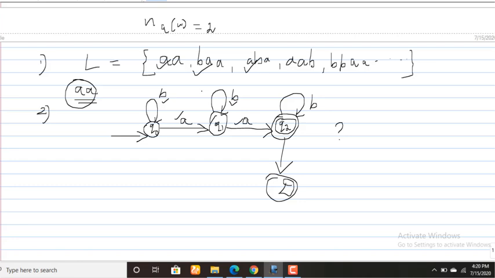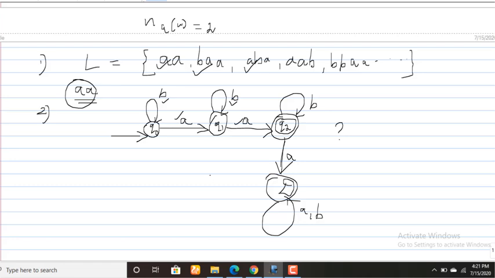If any A comes after the count 2, definitely that A goes to the trapped state. Okay, that is the dead state. So I already told you this is the professional way of adding the dead state to your construction. Okay, so now my construction of DFA for this problem is over.